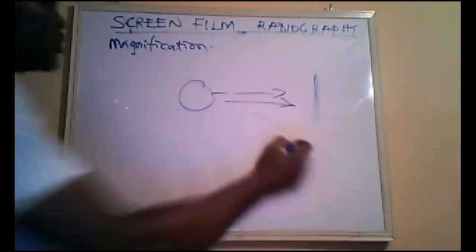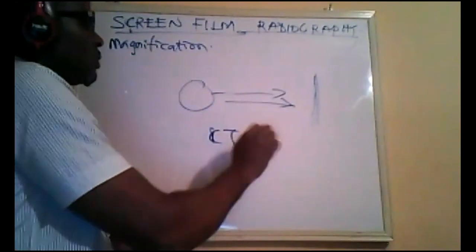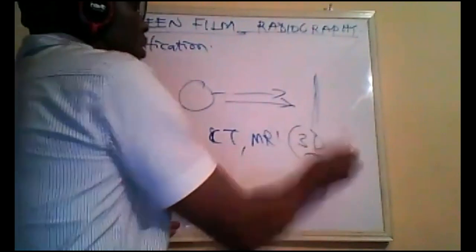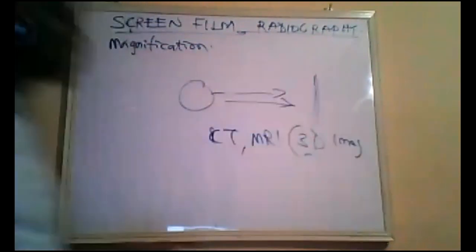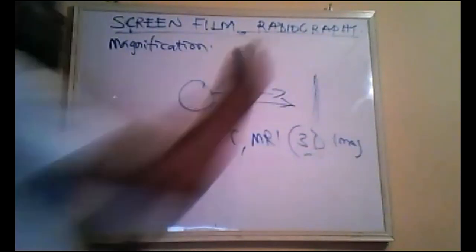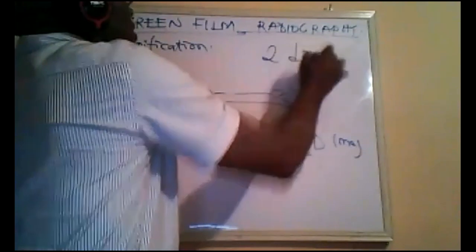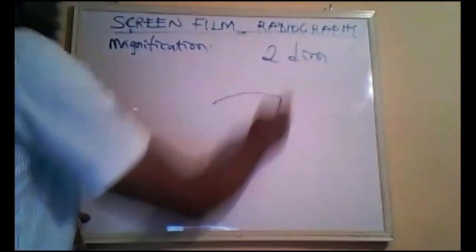All these ones, CT and MRI, are 3D, because they give us 3D images. But what we have with our screen film radiography is a two-dimensional image. Of course, we have a patient here.